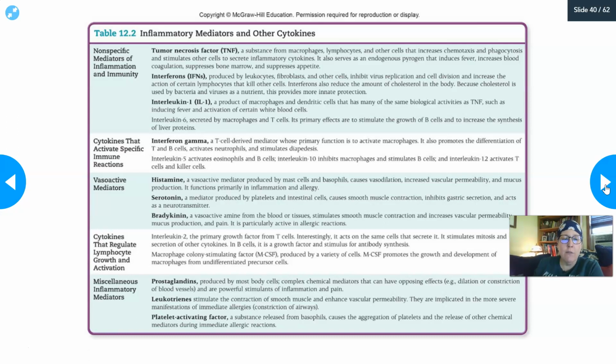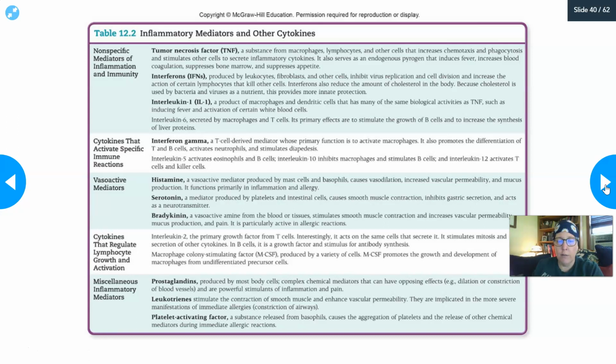The cytokines that regulate lymphocyte growth and activation: you have interleukin 2 and macrophage colony stimulating factor. And other miscellaneous ones, we have prostaglandins. You can thank prostaglandins for things like sinus headaches. Depending on where they're located and what type of prostaglandin it is, it can have various effects, but they pretty much are really powerful at stimulating pain and inflammation.